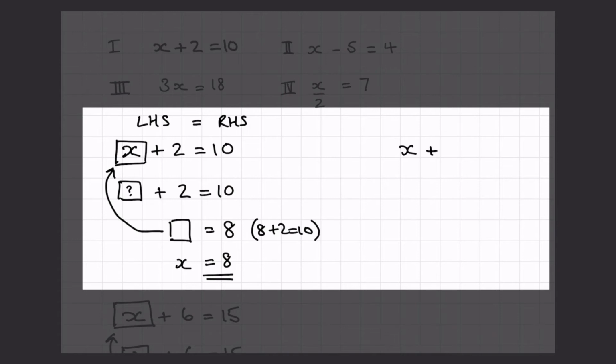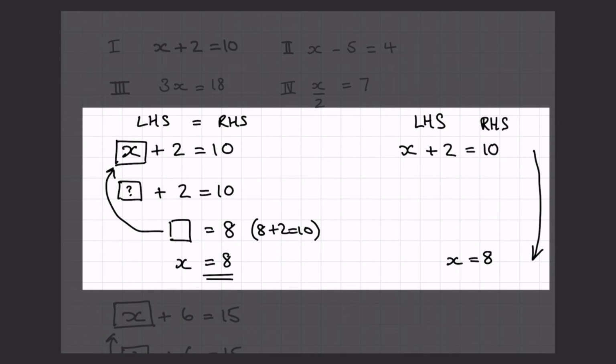X add 2 is equal to 10. We ended up with x is equal to 8. So we've gone on a kind of journey where we started off with x add 2 on one side and 10 on the other. So here's our left-hand side, and I will refer to the left-hand side and the right-hand side.